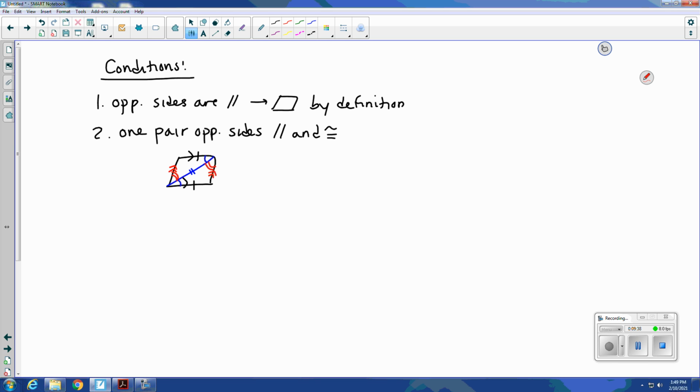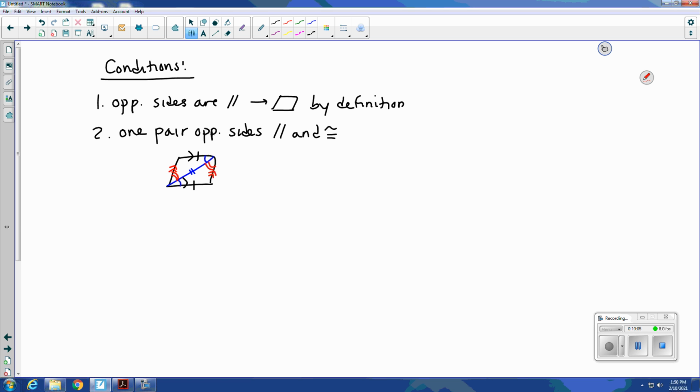So all we need to identify is we have one pair of parallel sides that is also congruent. If it's also congruent, we can derive the fact that the other pair of sides are parallel through this triangle congruency and converse theorems related to angles.